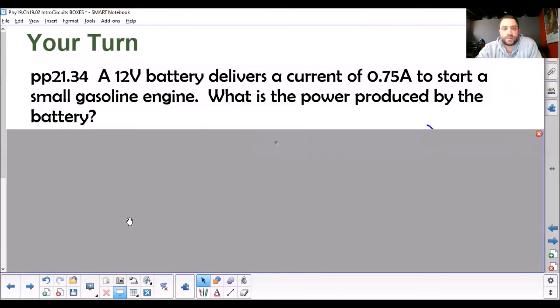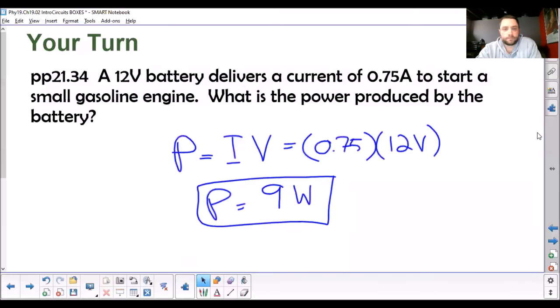All right, so once you give this one a try, see what you get. Hopefully you ended up with 9 watts. All you had to do was multiply the 12 volts and 8.75 amps together.